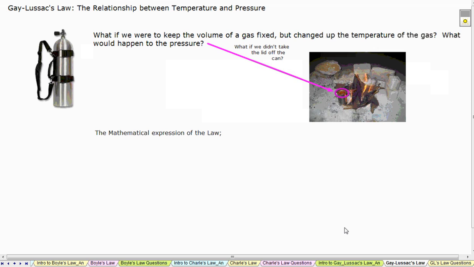Now, if we had a volume of gas in a fixed container, like say a scuba tank, if the temperature started to increase, what would that cause? Well, we know that if temp increases, so does the pressure.